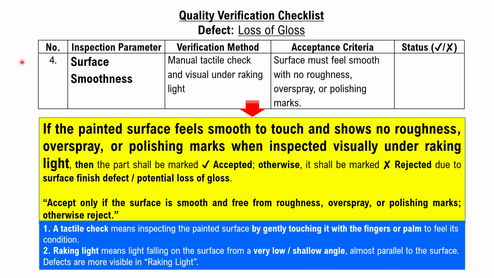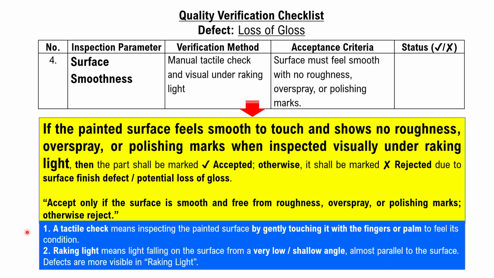Number four inspection parameter is surface smoothness, and the verification method is manual tactile check and visual inspection under raking light. There are two important terminologies, that is tactile check and raking light. Let us first define what the tactile check and raking light are.